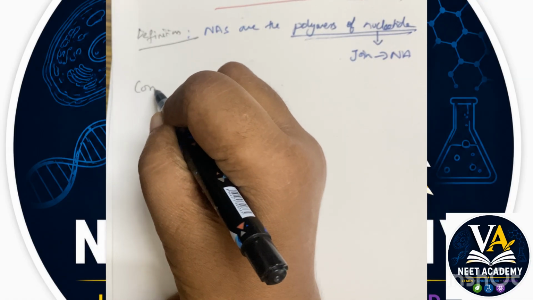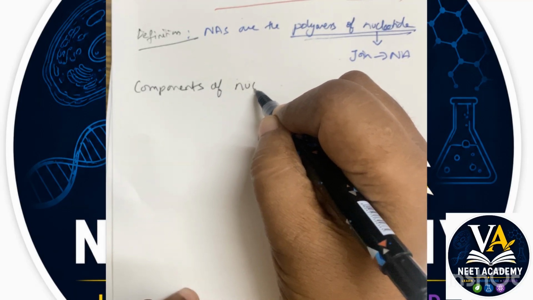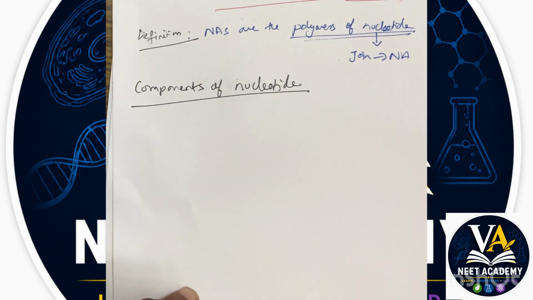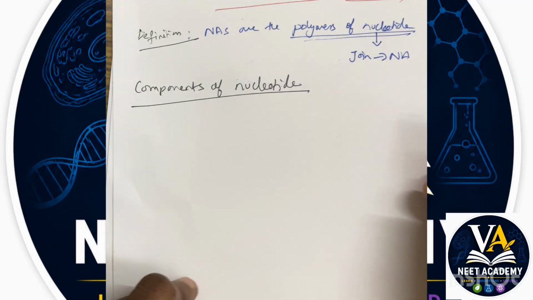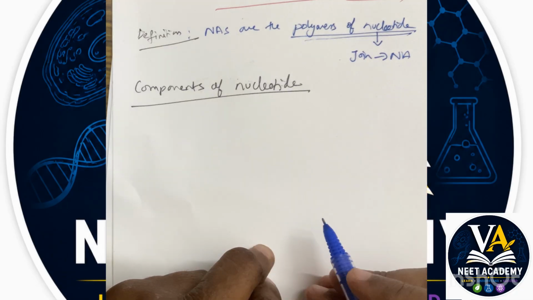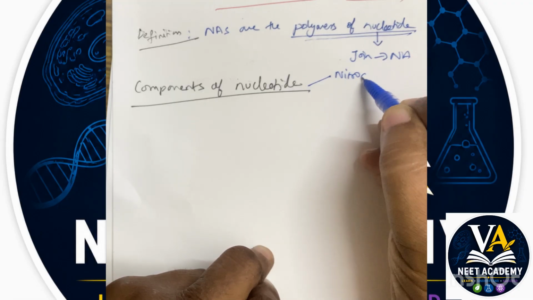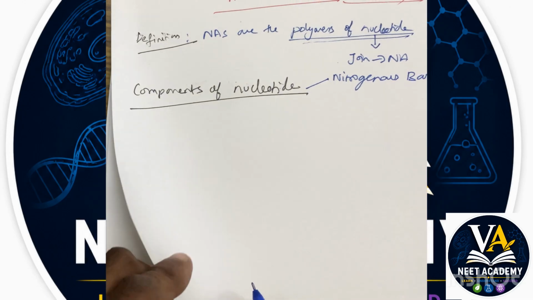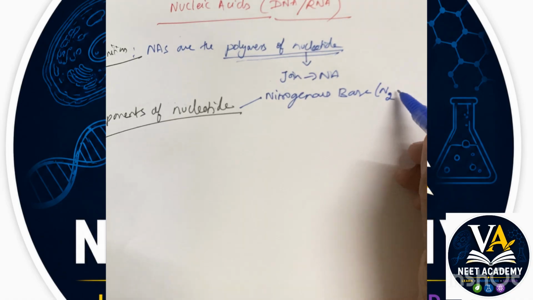Let us now come to the components of nucleic acids. Nucleotides. You know what is a nucleotide now, isn't it? Nucleotide is a single unit of a nucleic acid. So when many nucleotides combine together, you get a nucleic acid, isn't it? Clear, right? So what are the components of nucleotide? Nucleotide is made up of nitrogenous base. Hereafter I will write in short nitrogenous base as N2 base.